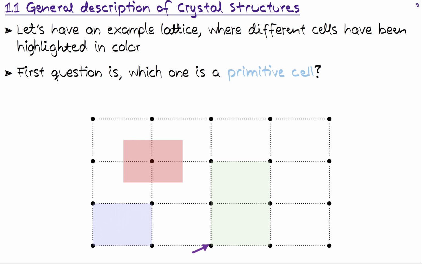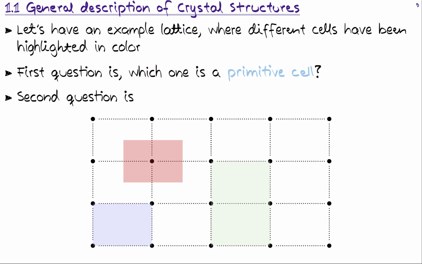And if we would now start to tessellate this space with this kind of cell, there would actually be overlaps, because we could move this cell one nudge upwards, and we would be drawing a cell in this location I'm highlighting with my arrow, and then we would have overlap with the previous cell. And this is no good, because we want to avoid redundancy in our mathematical description.